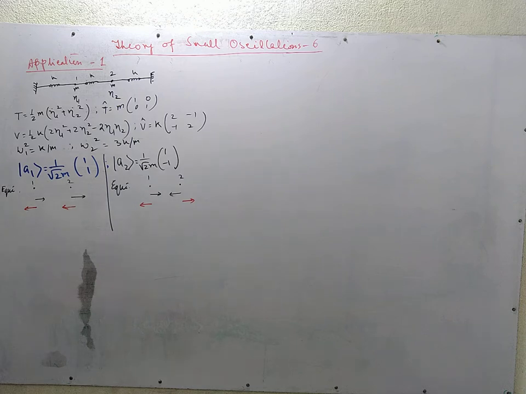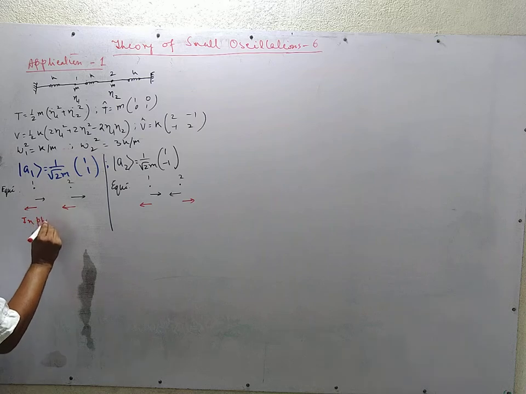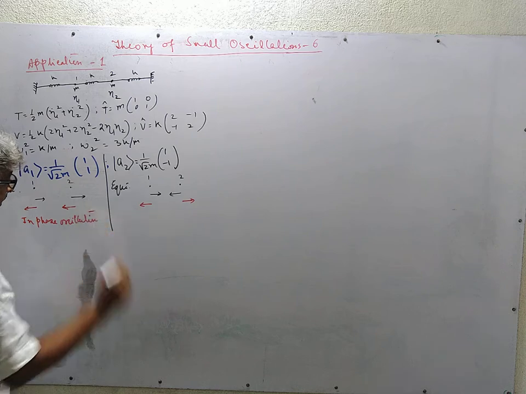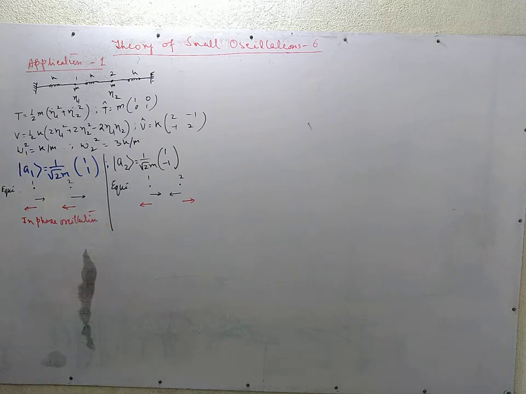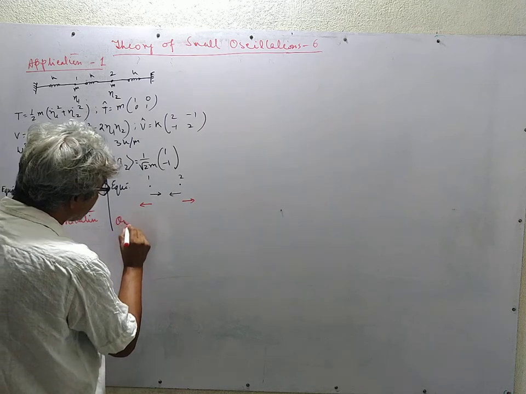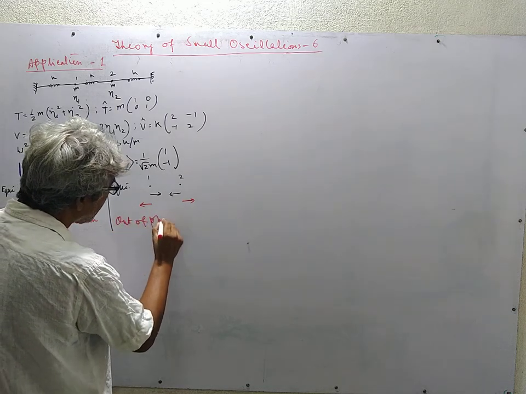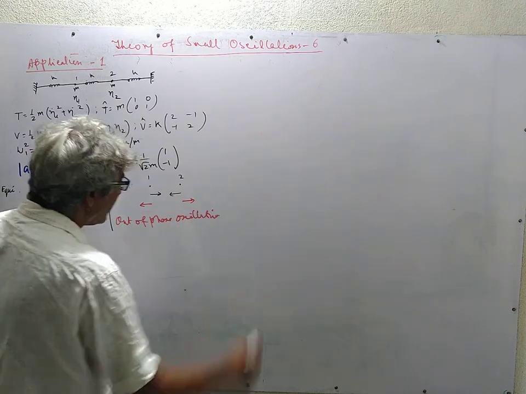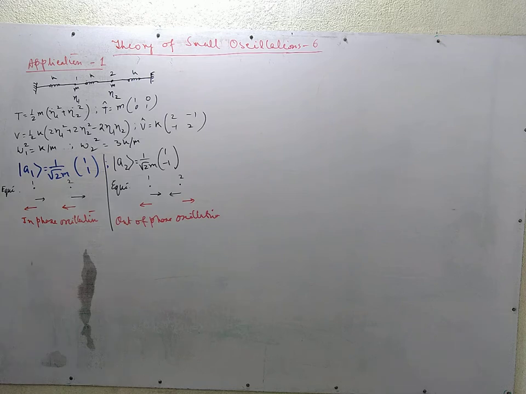So we see that this is in phase oscillation, where both the particles move in the same direction with the same phase, and this is out of phase oscillation. When one particle moves towards the right, the other one moves to the left. So this is the significance of the sign of these eigenvectors.